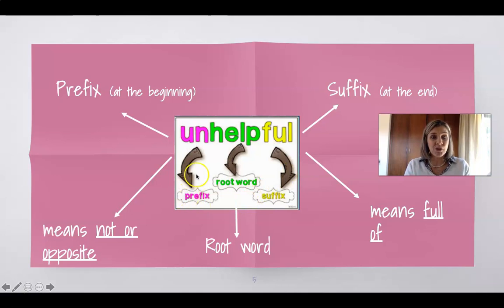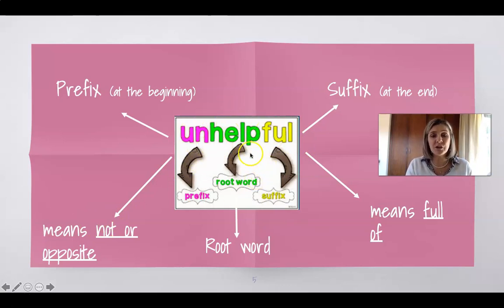So the prefix un actually means not, or the opposite of, and then your suffix ful means full of. So if you're cheerful, you're full of cheer. We know that just means you're happy. If you are undisciplined, it just means that you are not disciplined. So unhelpful means you are not helpful.